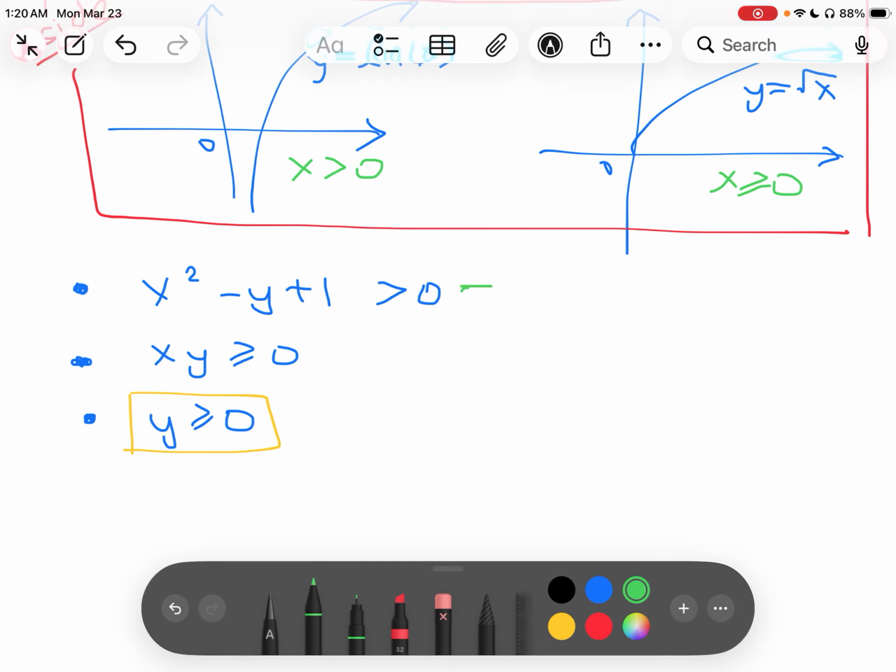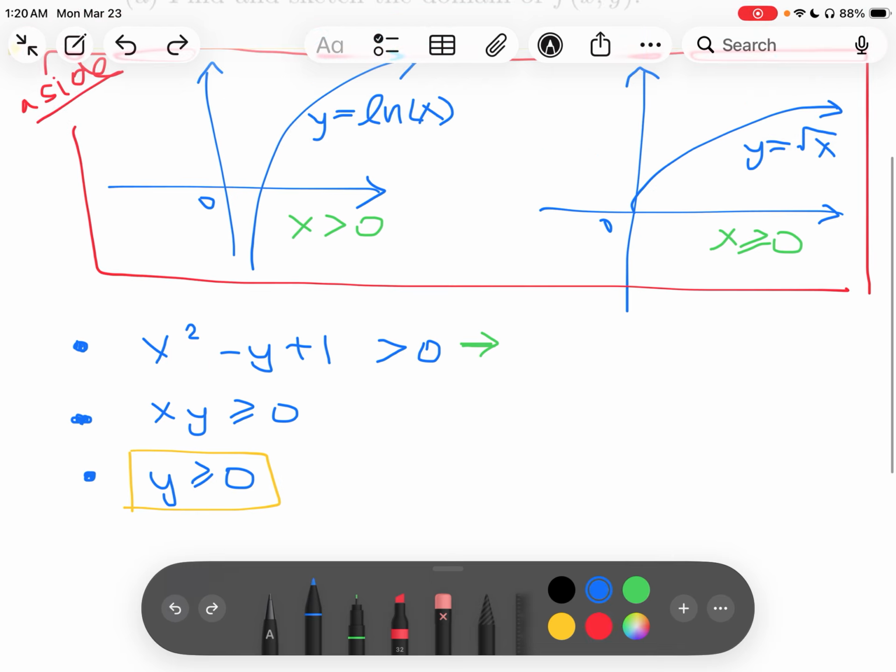For the first one, we can rearrange so we have y as a function of x, because we know how to draw those. We isolate and solve for y by moving the y to the other side. So now we have x squared plus 1 is greater than y.